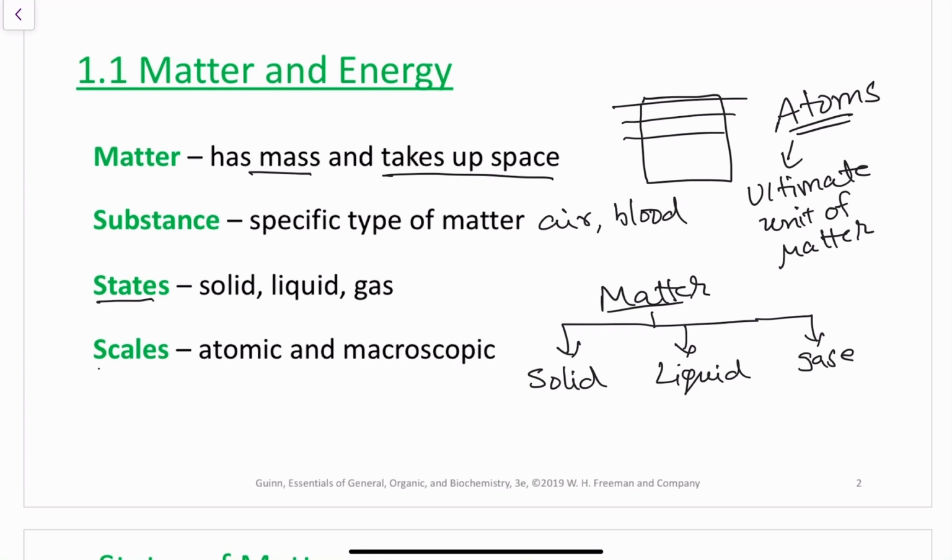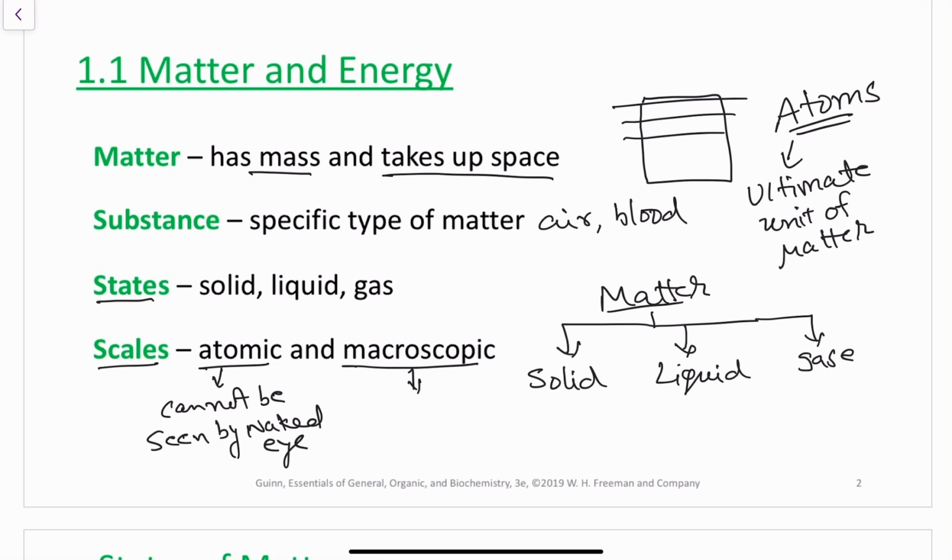If we talk about the scale, we can study matter at the atomic level as well as the macroscopic level. What is the atomic level? That is what cannot be seen by the naked eye, made up of atoms. Macroscopic matter is what we can see by the naked eye.